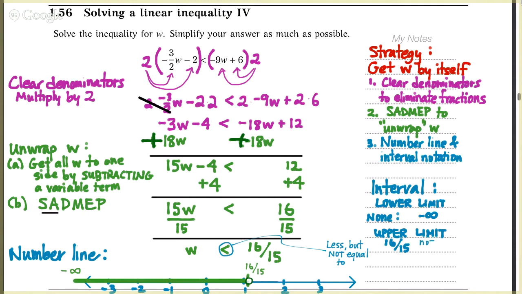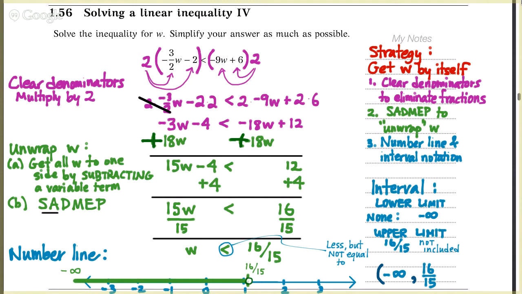So I don't want to include 16 over 15 in my solution. In other words, neither this lower limit, because it's infinity, and infinity is never included, nor this upper limit, which is 16 over 15, which is not included because of the strictness of the inequality, should be a part of our final answer. We'll convey that in interval notation by writing the lower and upper limit with a comma in between, and using a round parenthesis for each limit that we don't include.